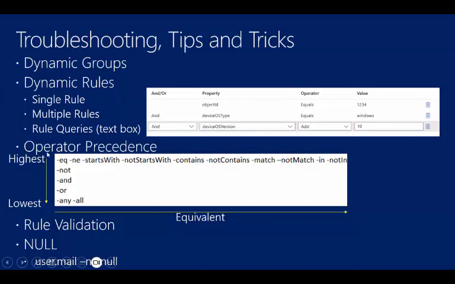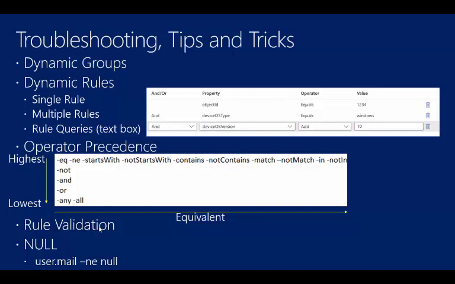As you're using operators, there's going to be a precedence of operations for these operators, and I'm illustrating it here. Here's the highest level of precedence at the top down to the bottom. All the operators that are on the same line here are going to be equivalent with each other, and then it goes highest to lowest. As you're building these expressions in the UI, there is some validation that happens just to make sure that we don't hit a blind alley.